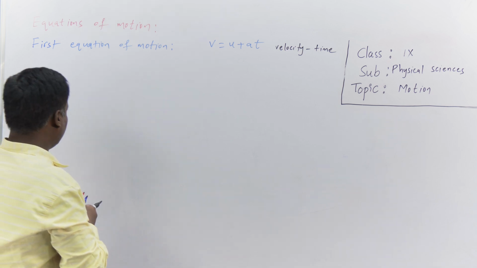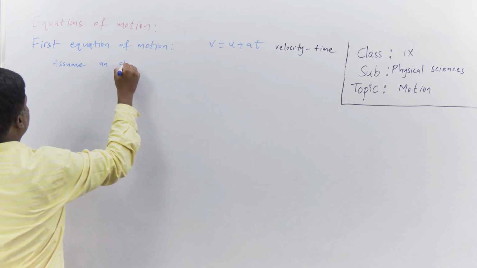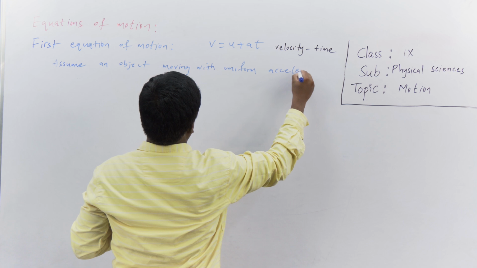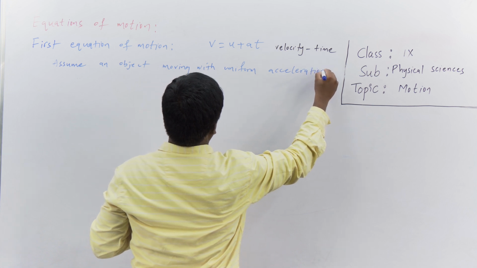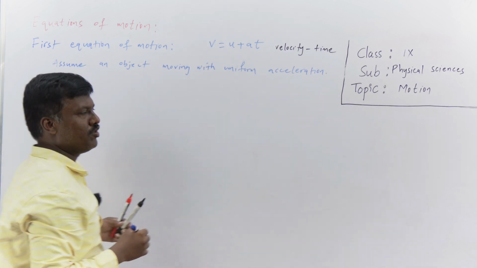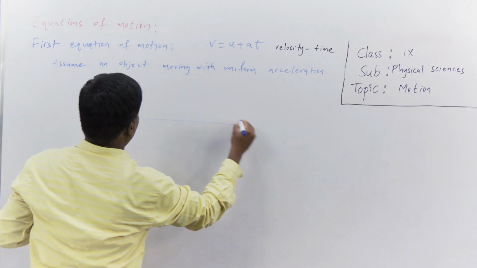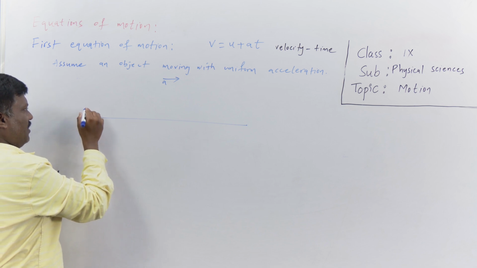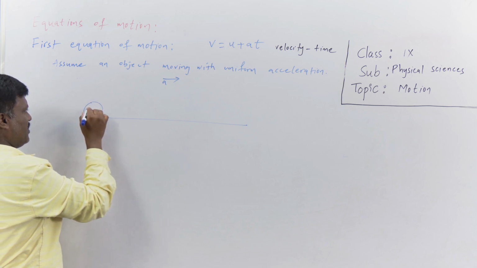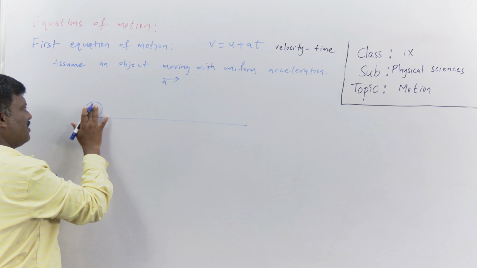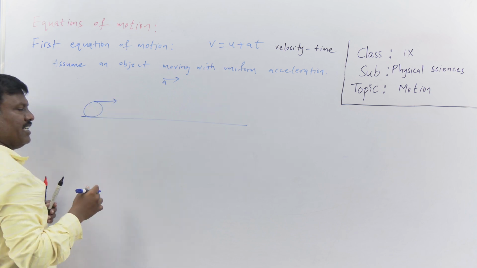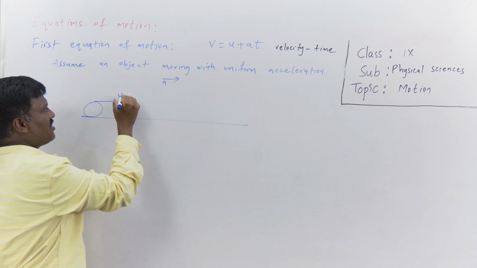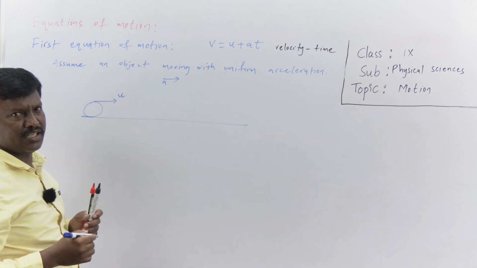So assume an object moving with uniform acceleration, because equations of motion can be used only when the object is moving with uniform acceleration. Let's say the object is moving this way. At this point, the object has some velocity initially. That velocity is called initial velocity or initial speed.